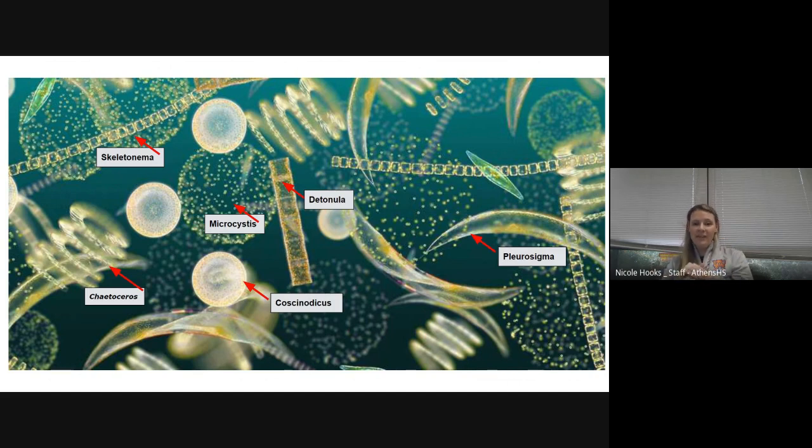So hopefully you'll be able to see some of these examples under the slide so that you can be like, wow, I've probably literally ingested these before, which is totally fine, totally normal. You won't die. But they're things that are in our water systems that are super important to the entire ecosystem.